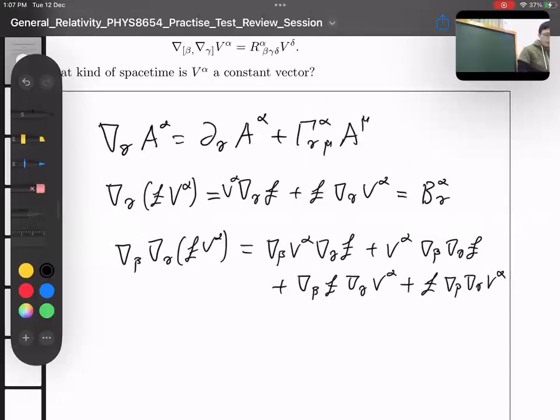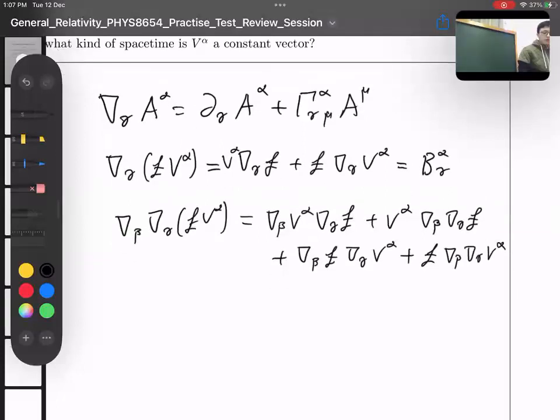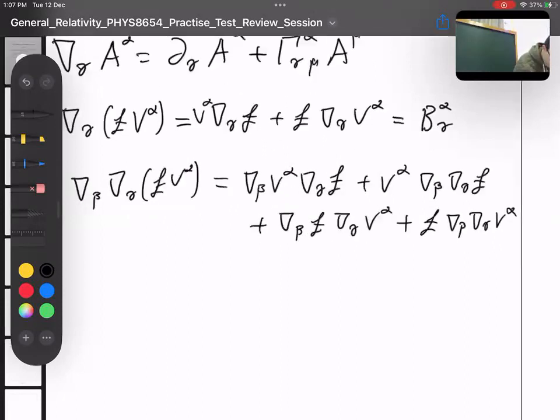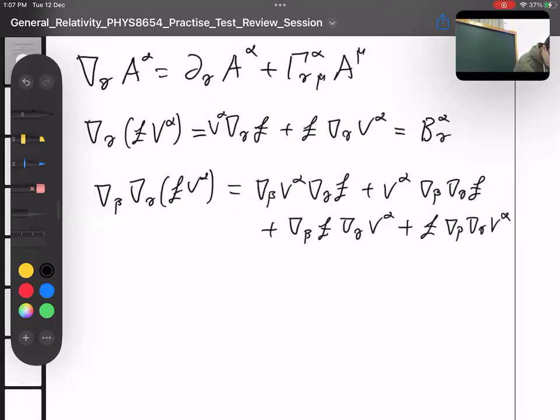Because you take two covariant derivatives. But then the definition is a little bit hard. So remember, if you have scalar functions, so if you have a function like this, covariant derivatives become partial derivatives. So V beta becomes partial beta.